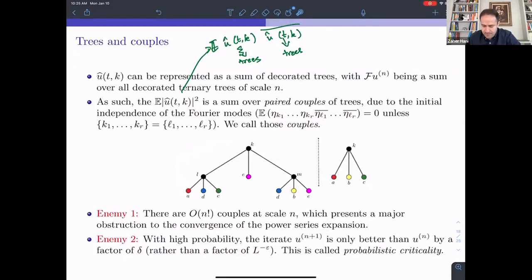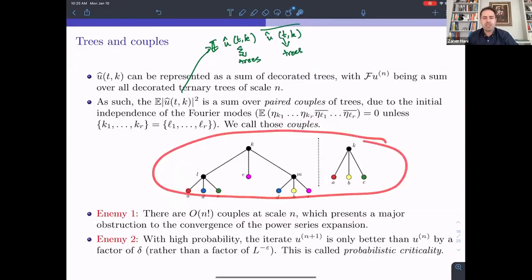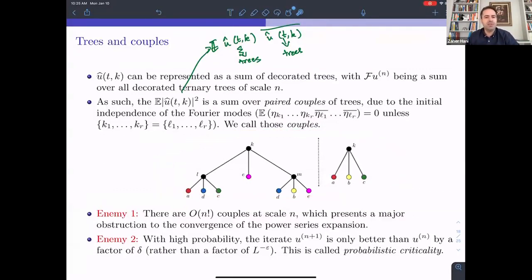I denote this pairing structure by colors in this picture. This red leaf is paired with this red leaf, this blue leaf with this blue leaf, this green leaf with this green leaf, etc. So the moral of the story is that we have expressed the variance as a sum over couples of trees, just as we express the solution as a sum over trees.